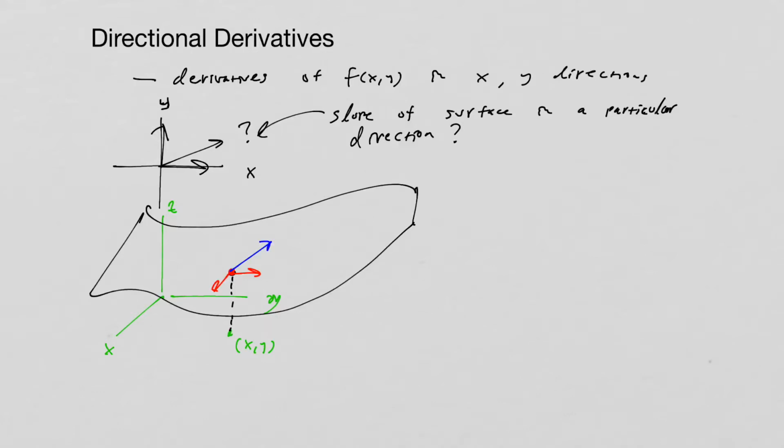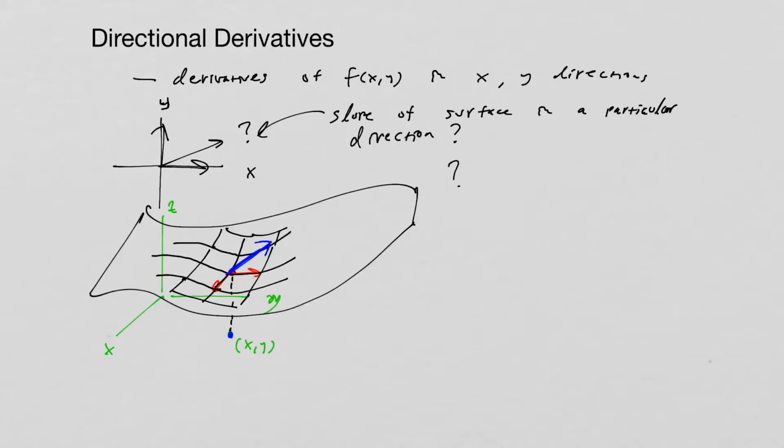The idea here is that the surface might have undulations like that. I'm making some nice looking graphs there. Trying to make my best graphics here. So I want to know what the slope of the surface is in a really specific direction at a certain point like that. So the question is, how do we do that?